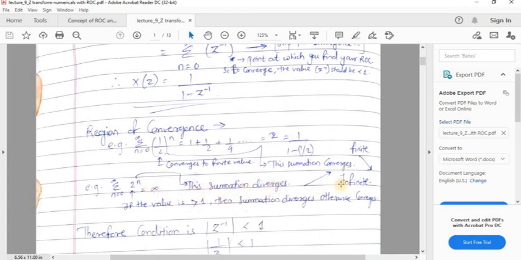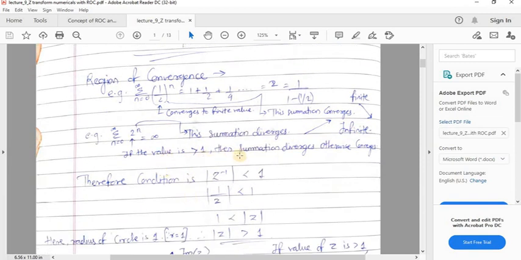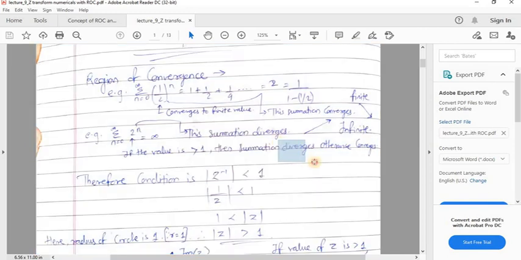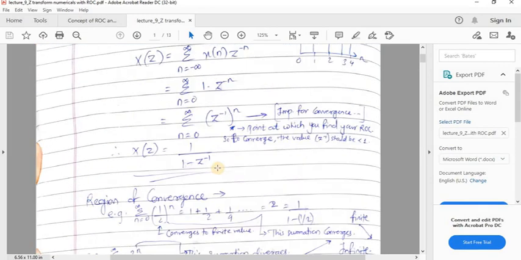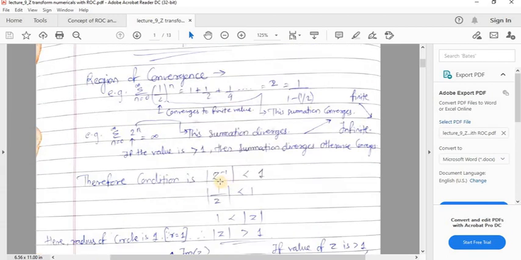If the value is greater than 1, the summation diverges. Diverges is the opposite of converges; otherwise it converges. So the condition is that mod of z inverse should be less than 1.